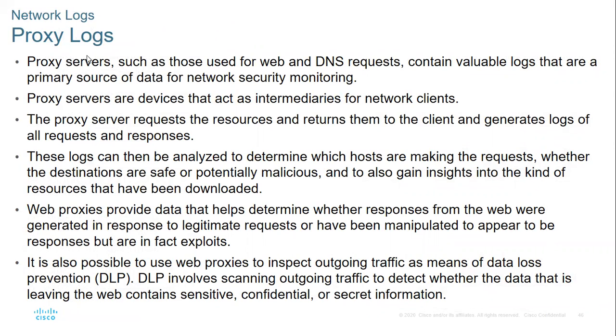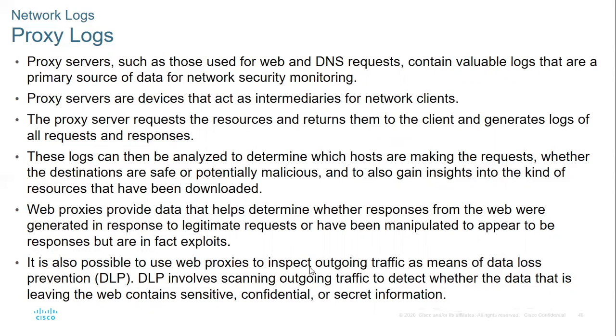We also have proxy logs. These are messages which come from the proxy server, and it is very, very important to analyze the logs here, because it is from here that you can know which websites the workers were visiting.